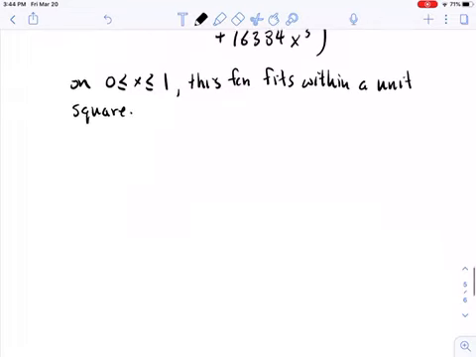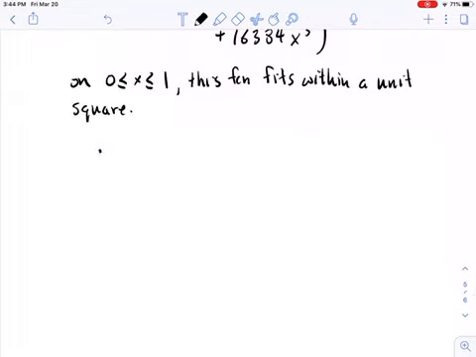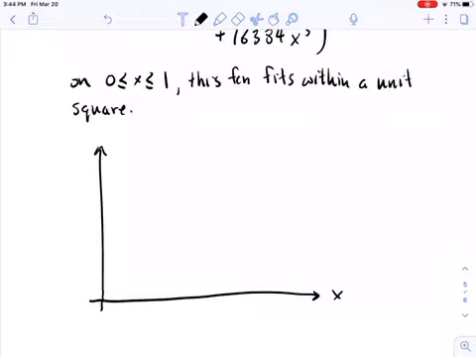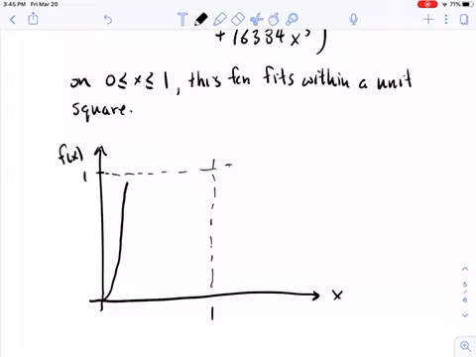And so if you plotted this, let's see if I can get a reasonable drawing of this thing. So here's x, and here's f of x, and this is going to be 1 over here, and over here we're going to have 1. So if you plotted this function, it looks a bit like a trig function here.